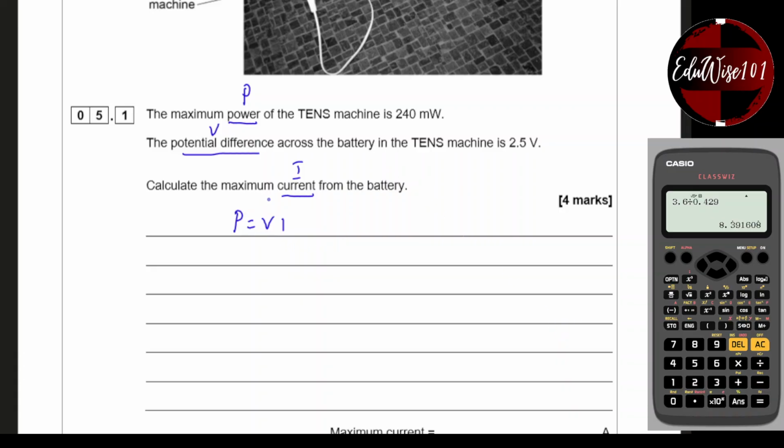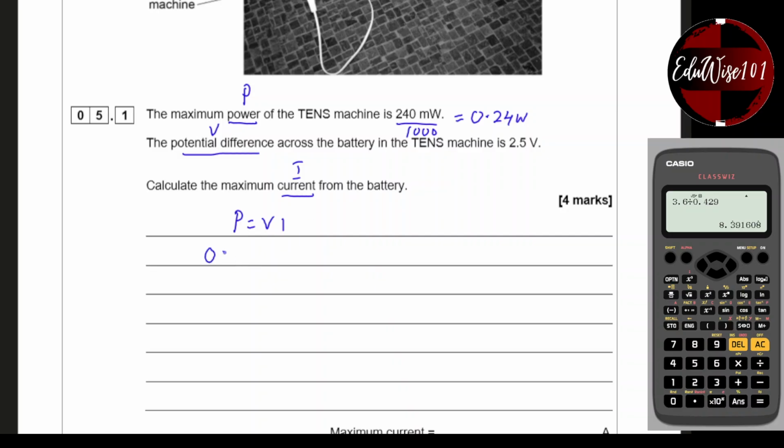So power is 240 milliwatts. Now you'll have to change that to watts. How do you change that to watts? You divide that by 1000, and that gives you 0.24 watts. That should generally give you 1 mark for the conversion.